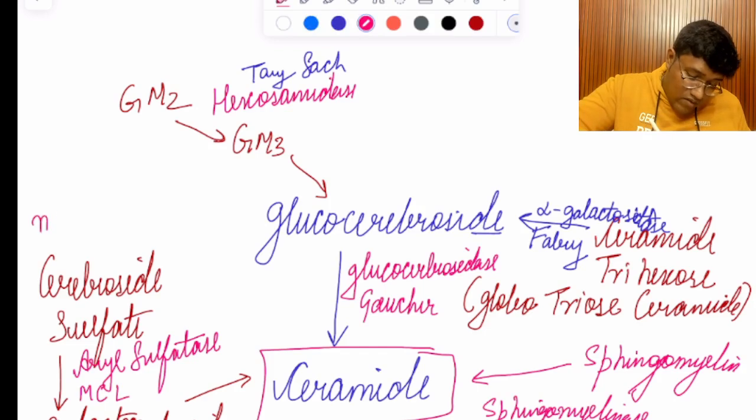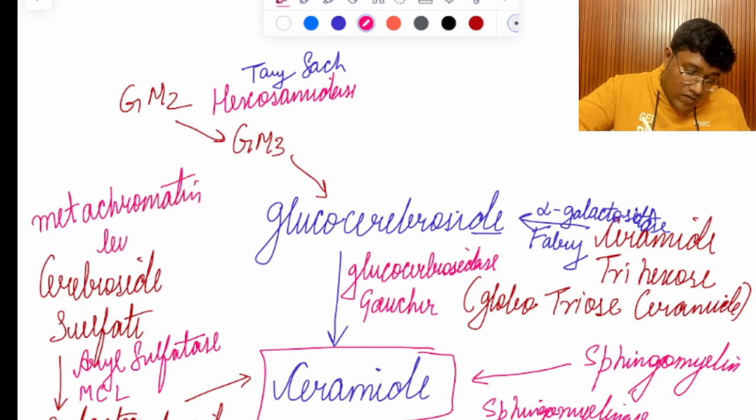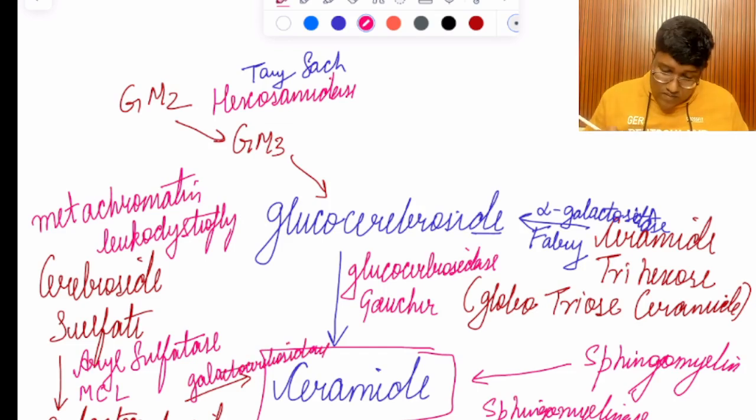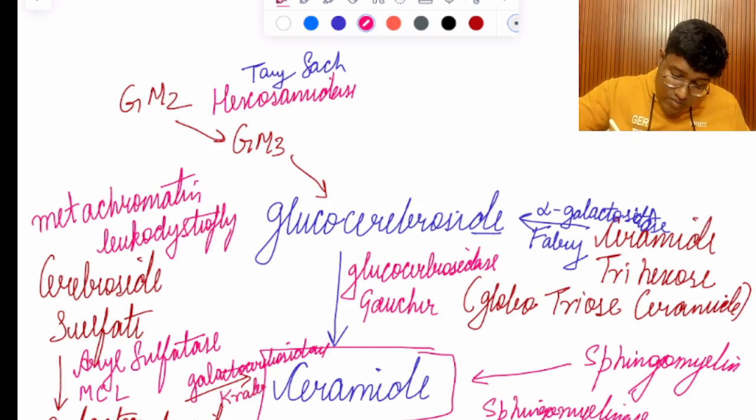Metachromatic leukodystrophy. Now, galactocerebroside is getting converted to ceramide, and the deficiency over here is of galactocerebrosidase, and this disease is called Krabbe disease.